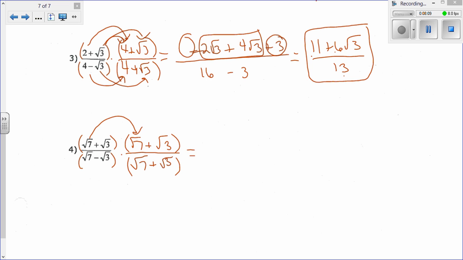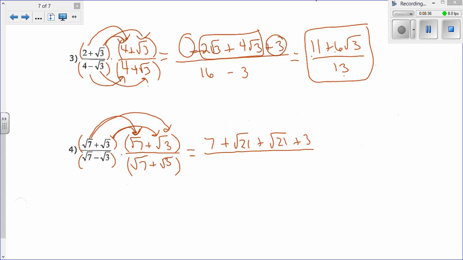So radical 7 times radical 7 is 7. Radical 7 times radical 3 is plus radical 21. Radical 3 times radical 7 is another plus radical 21, because remember they're both under radicals, therefore I can multiply the two numbers. And radical 3 times radical 3 is plus 3.